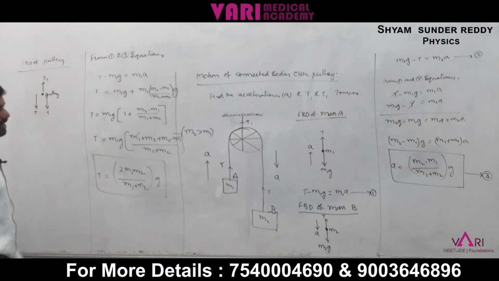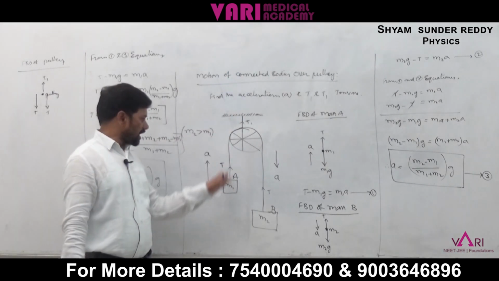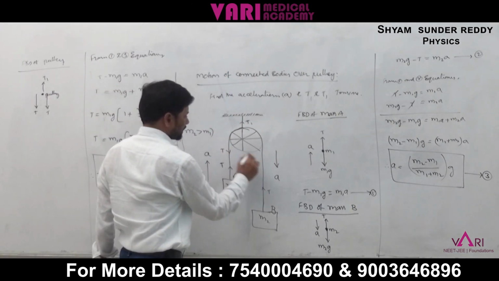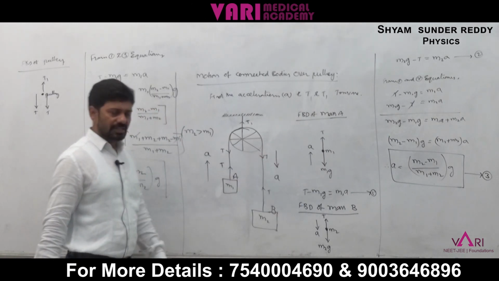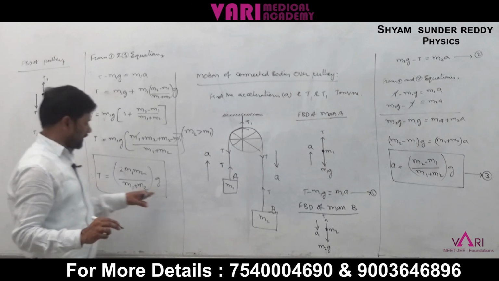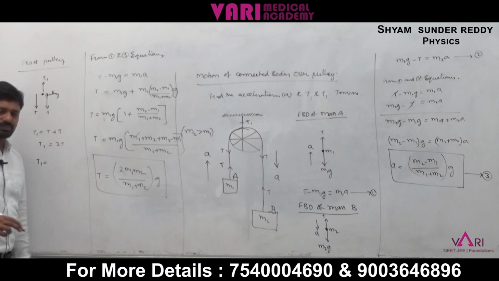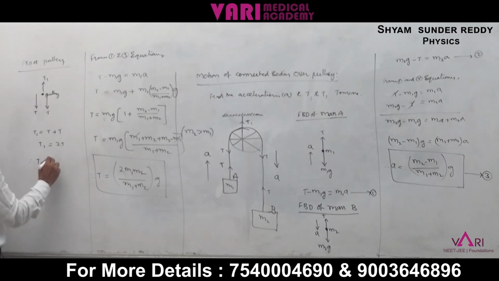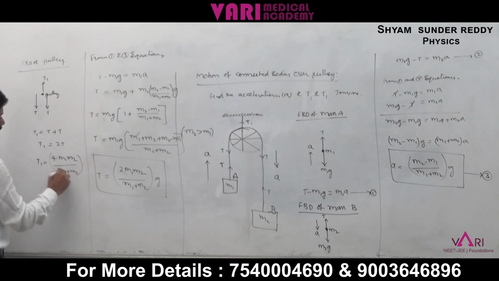So, T1 is equal to T plus T, T1 is equal to 2T. We know T is equal to 2 m1 m2 by m1 plus m2 into g. Substituting, T1 is 4 m1 m2 by m1 plus m2 into g. This is the T1 tension.